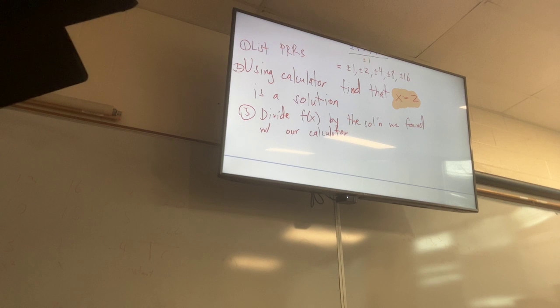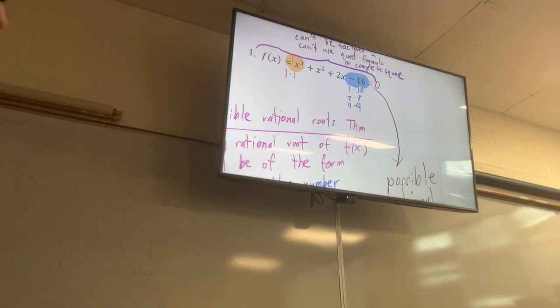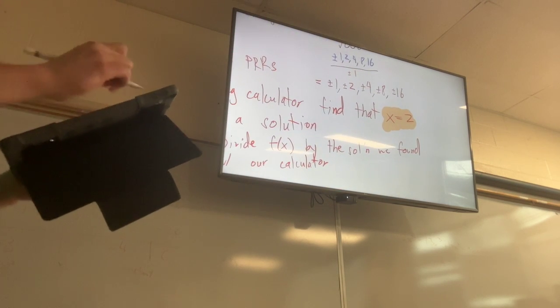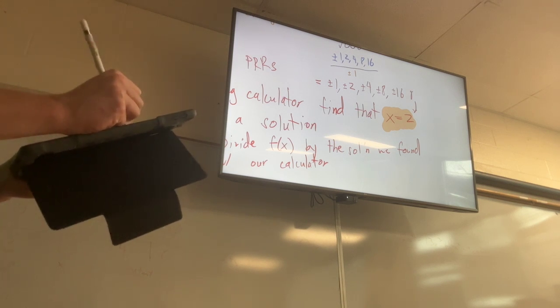Okay? So we're going to do x cubed plus x squared plus 2x minus 16 divided by, and then we're going to do synthetic division and plug this number into the crow's nest. So plug into crow's nest.